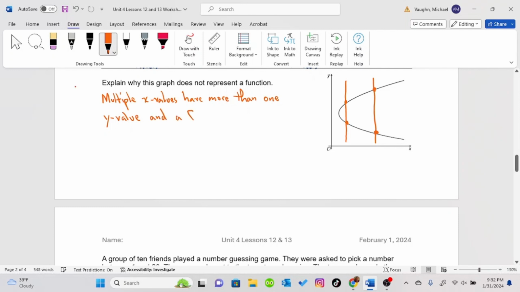And a function has only one y value for each x value.